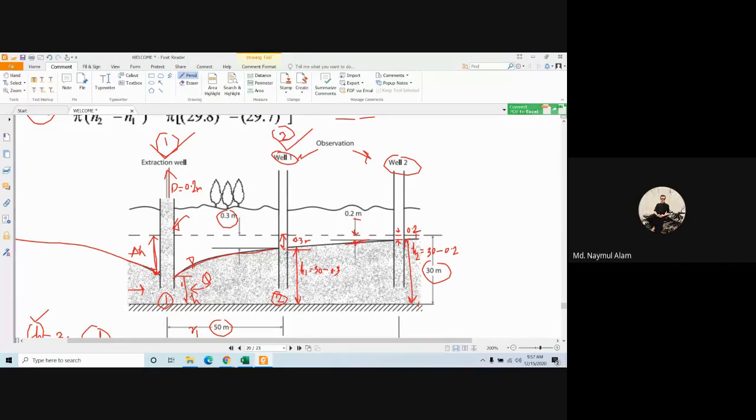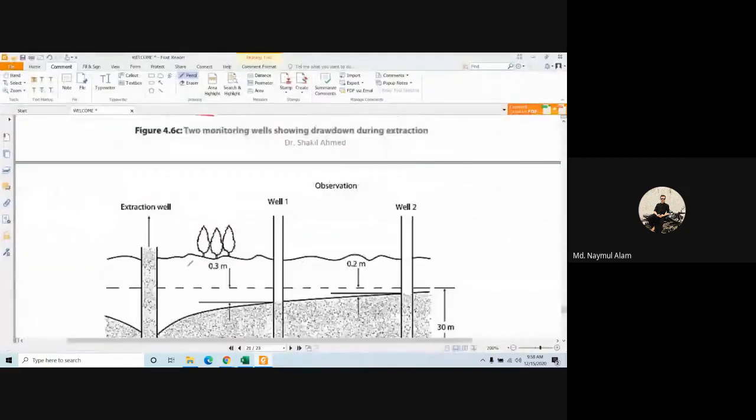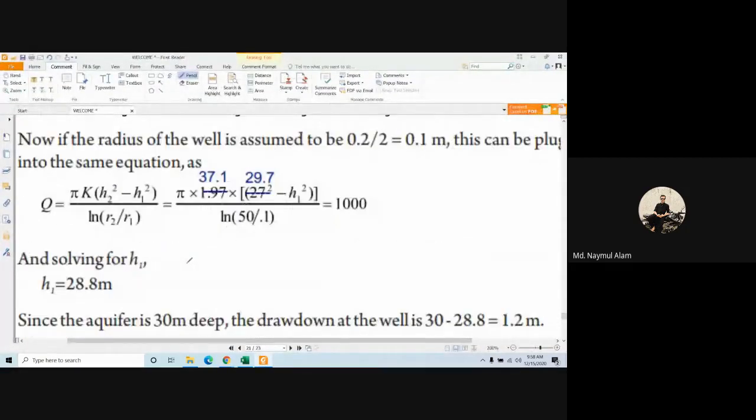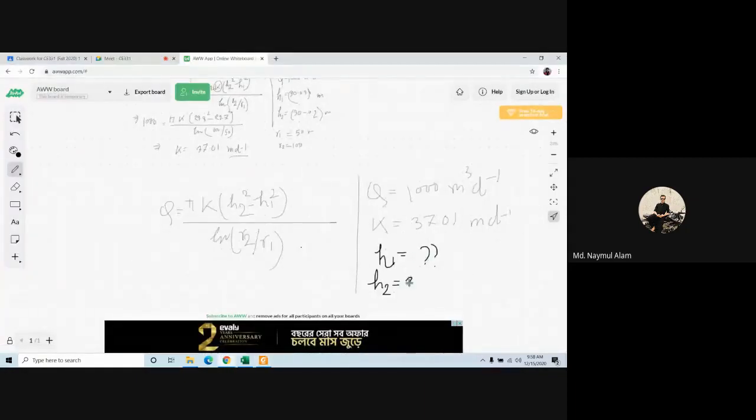So your H1 is this one now and H2 is this one. H2 was previously H1, 30 minus 0.3, right? 30 minus 0.3. This is 29.7 meter.